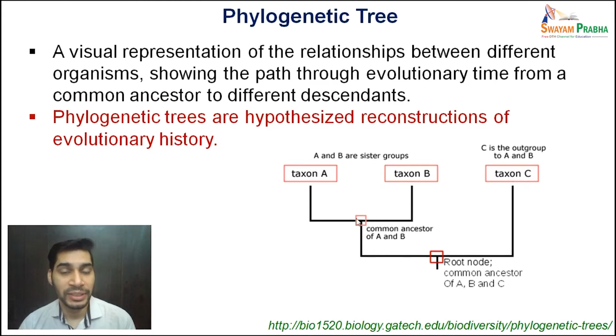From here there is another internal node which is giving rise to taxon A and taxon B, sister taxa. So this is one very simple example of a phylogenetic relationship in a tree.